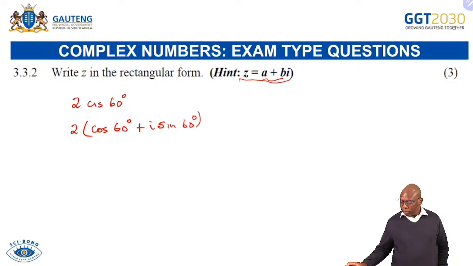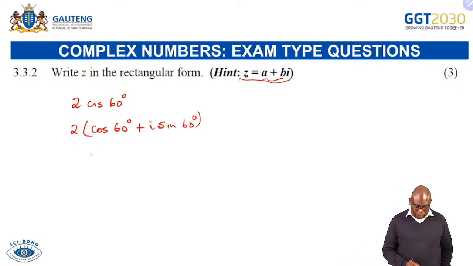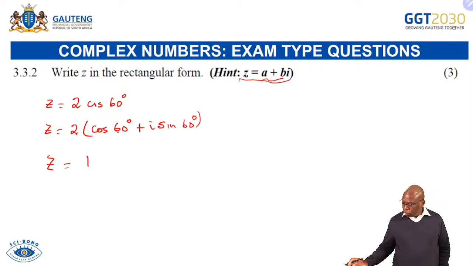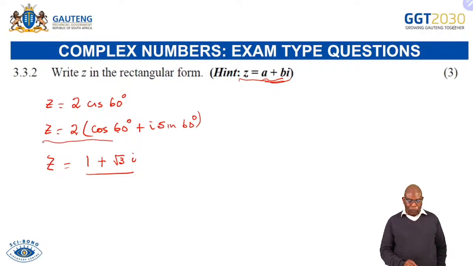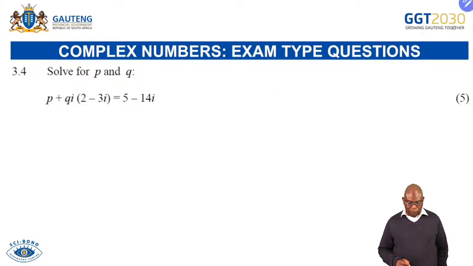It will give me a 1. Remember this is z. So this multiplied by that will give me a 1. And then from there I'll say 2 multiplied by sine of 60 degrees. Then I'll get square root of 3. So this one will be plus square root of 3i. So this is in the form a plus bi. So first I must write it in this form, and then the degrees I have at 60, that one was 2, so that is the easy question to write.